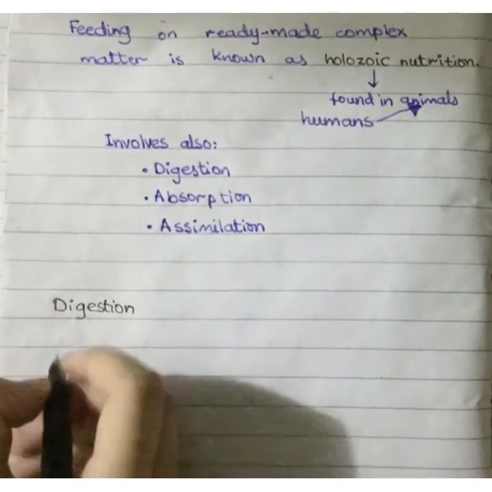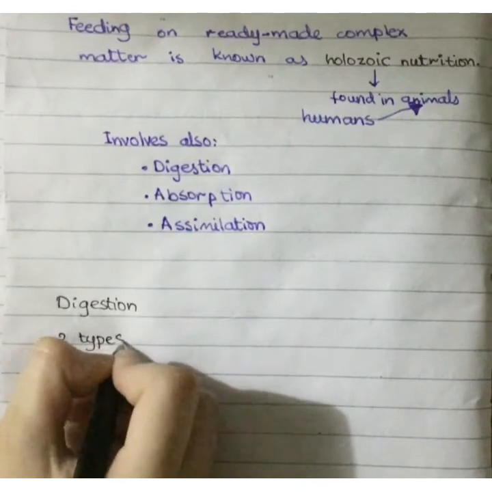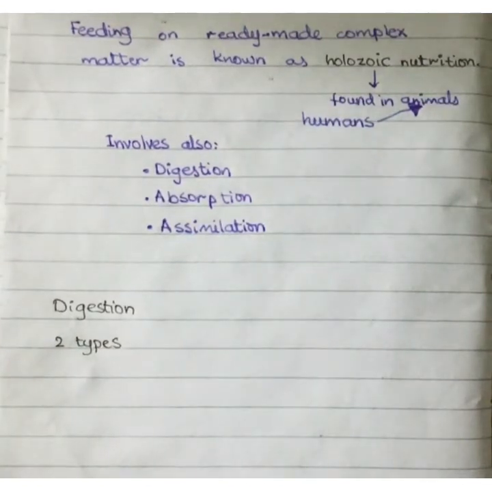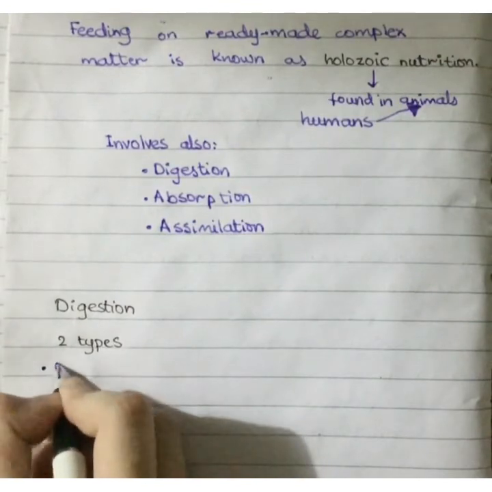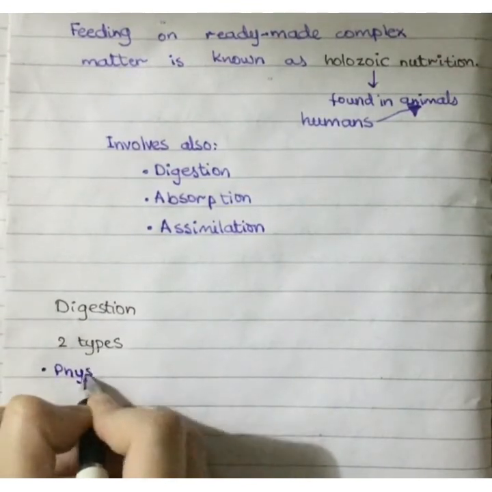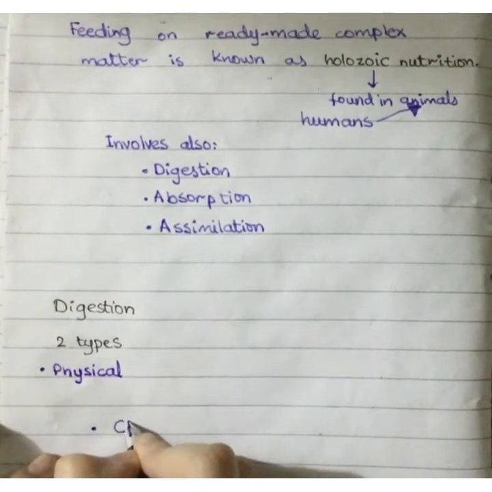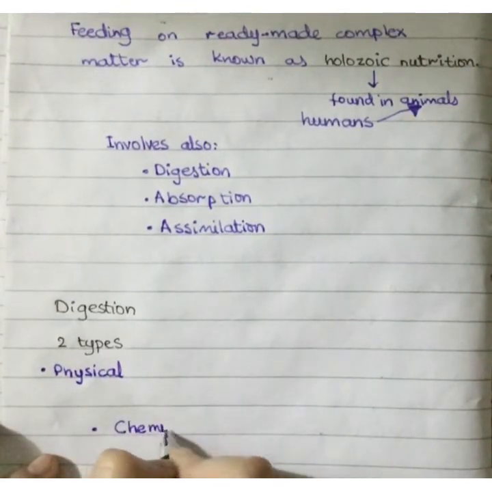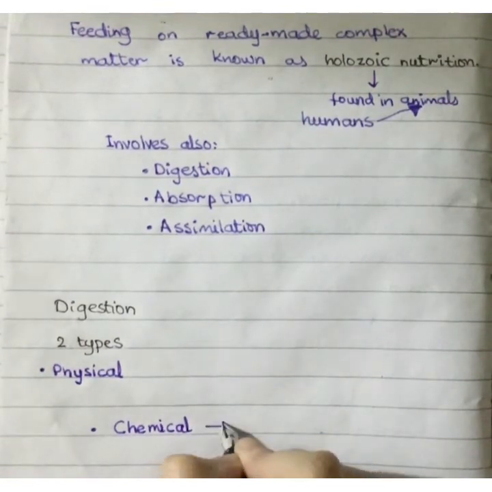There are two types of digestion. One of them is physical digestion. Be careful. And the second one is chemical digestion. So these are two types of digestion, and both of them happen in our body. For example, in the stomach, both of them happen in churning. We'll learn it ourselves, I'll explain it in the next videos.